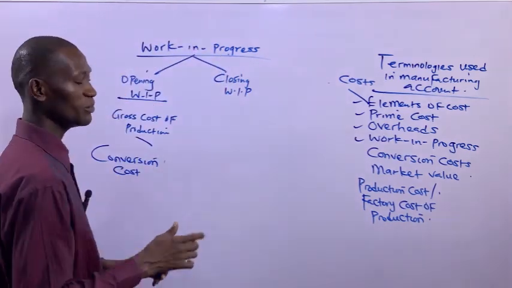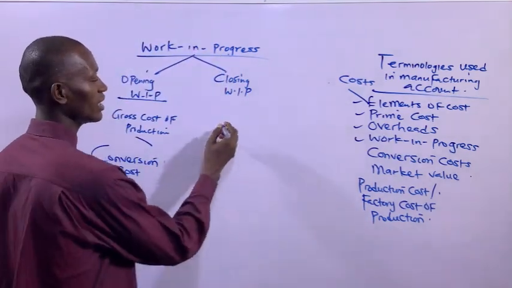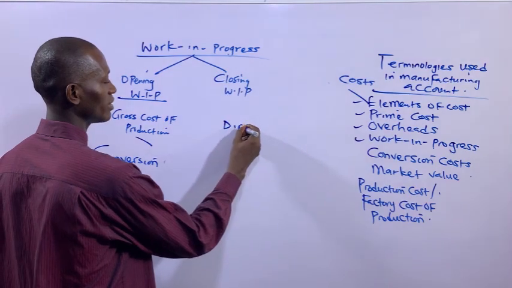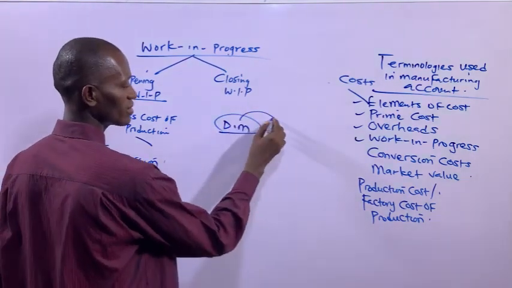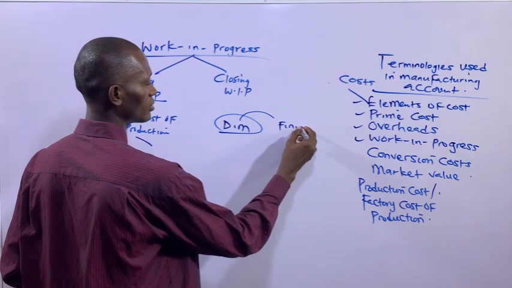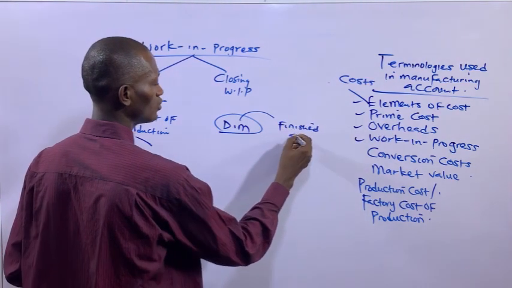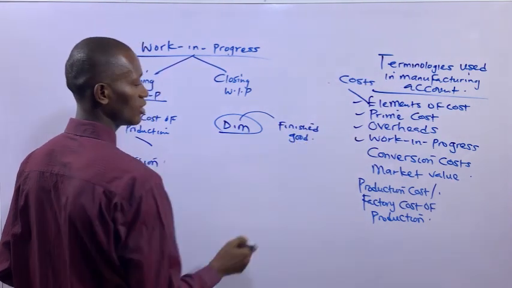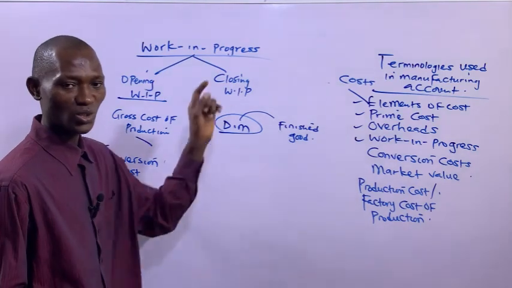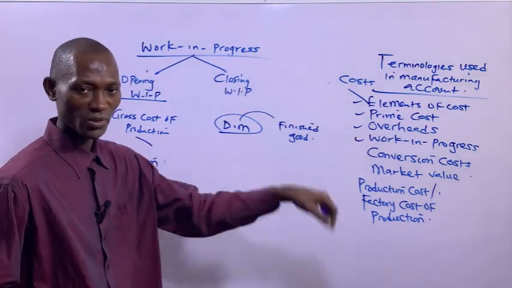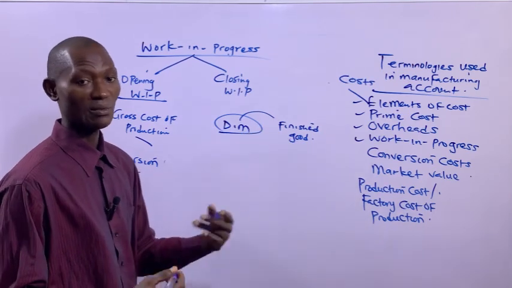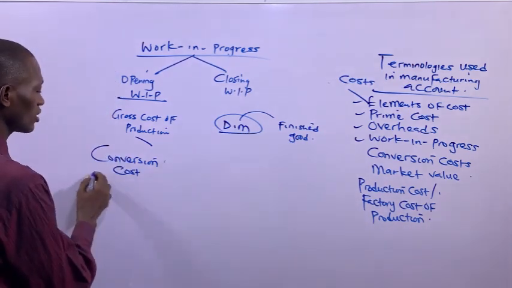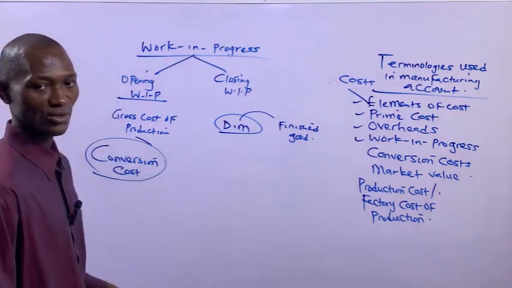So a manufacturing concern already has direct material. Then they want to convert this material to finished products. The cost they are going to spend to make this direct material become finished or semi-finished goods is conversion costs.